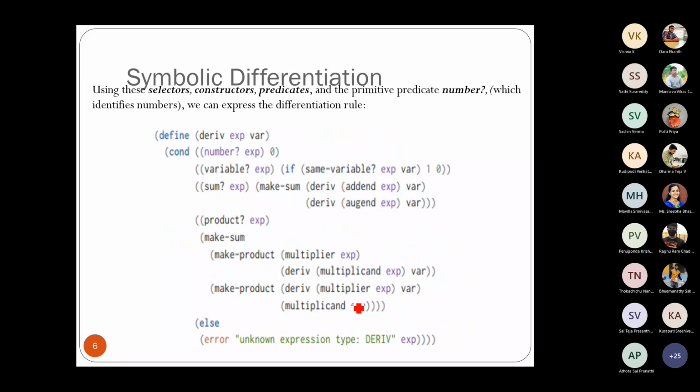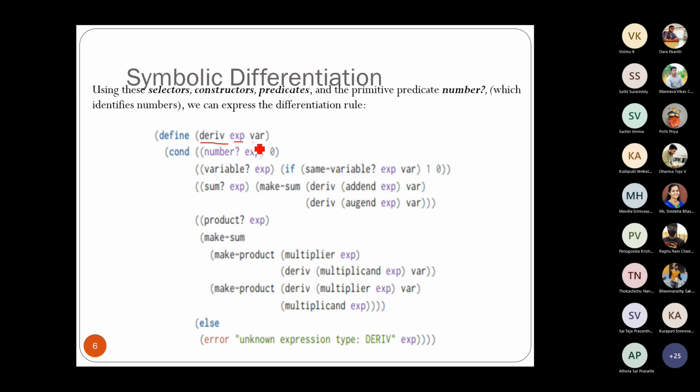Now let us write a solid algorithm for performing differentiation. Okay, so here define. My procedure name is derive. You can also call it differentiation, whatever. And for this, there are two arguments we are passing.